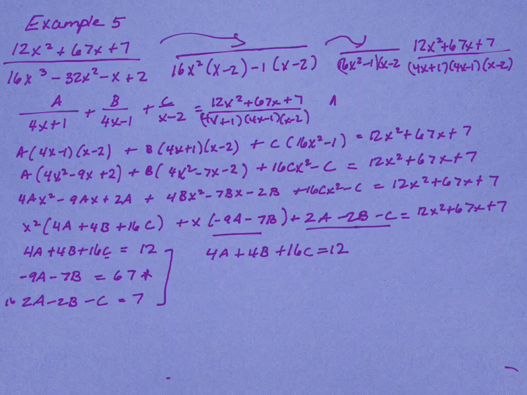So that would be 32A minus 32B minus 16C equals 16 times 7, which is 112.